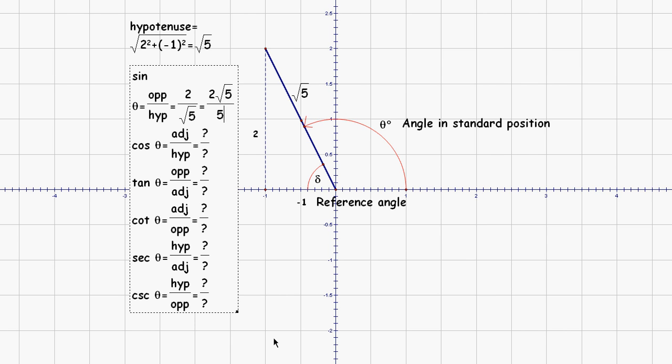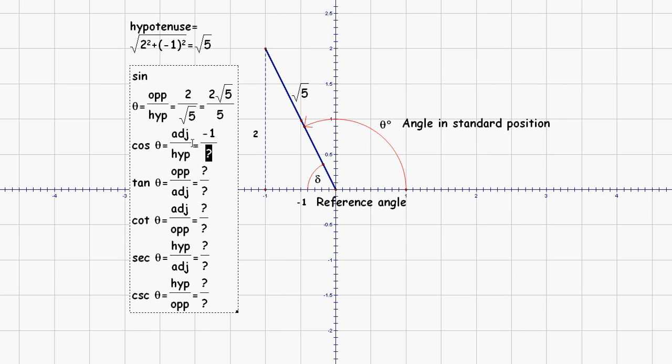Looking now at cosine, which is adjacent over hypotenuse. Adjacent is one of the sides that creates the angle, so the adjacent side is going to be -1. And again, the hypotenuse is square root of 5.